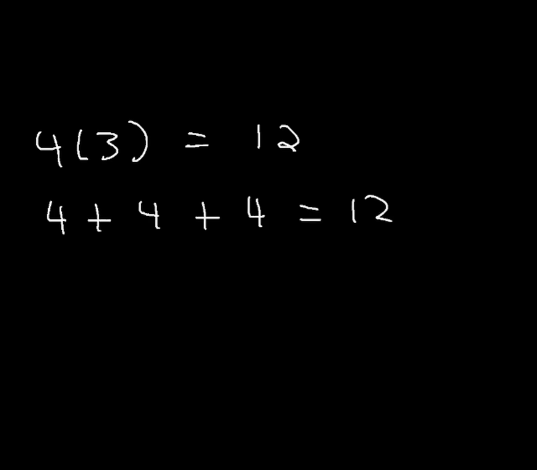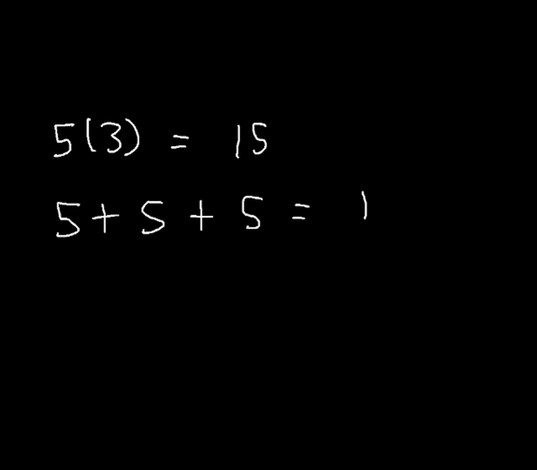So, for example, 4 times 3 is equal to 12. 4 times 3 means that you're adding 4 3 times, and that's equal to 12. It can also mean that you're adding 3 4 times, which will also be equivalent to 12.